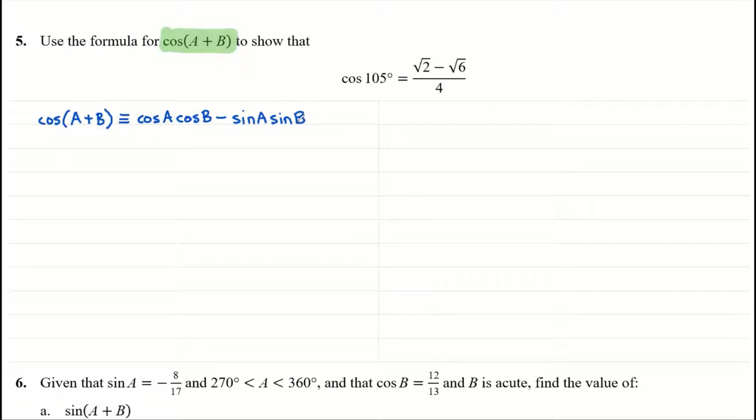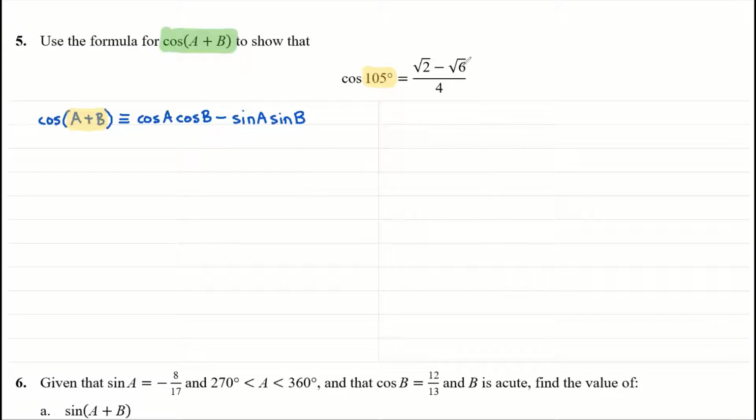Okay, so we step back and think, what do we need to do here? Well, we are trying to evaluate the cosine of 105 degrees. That means that in my identity, the sum of A plus B must equal 105.